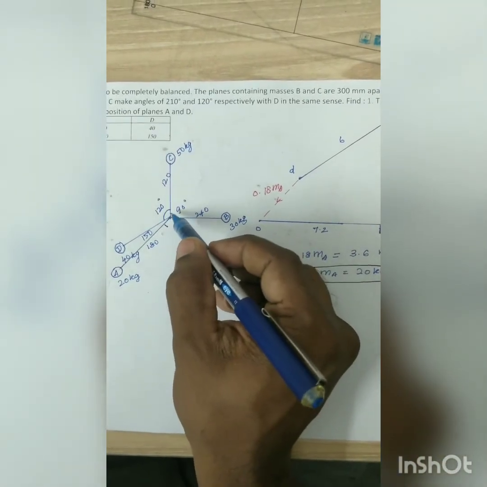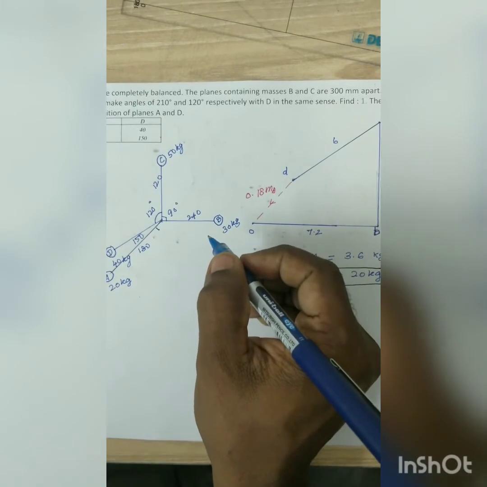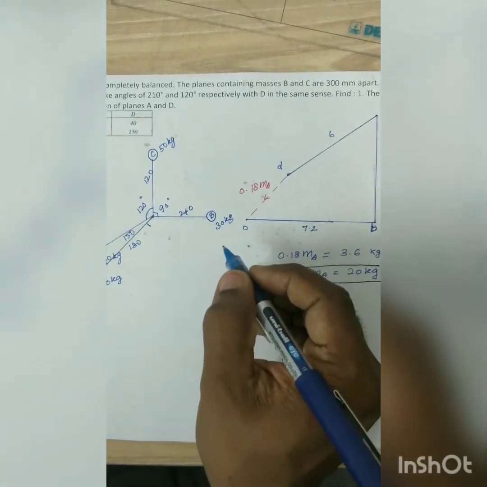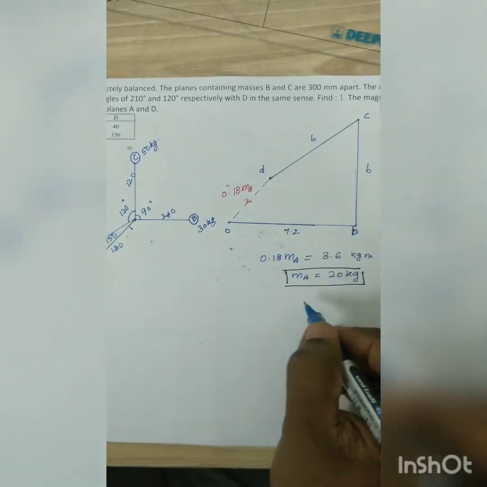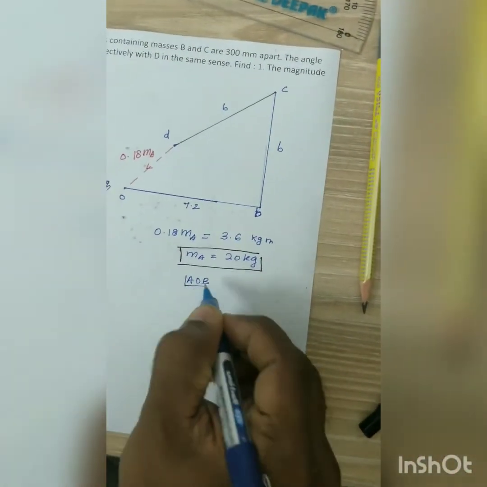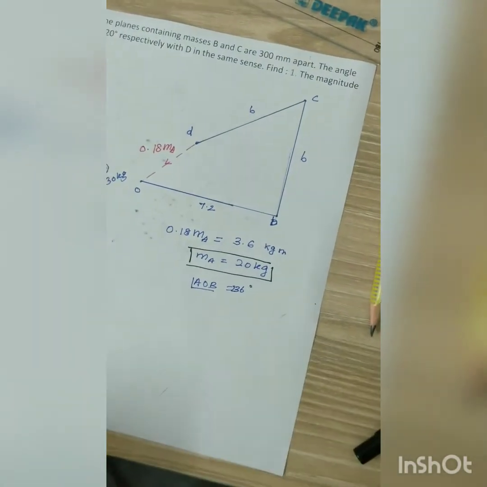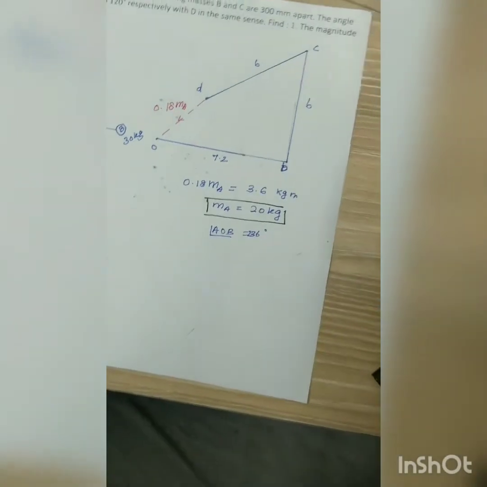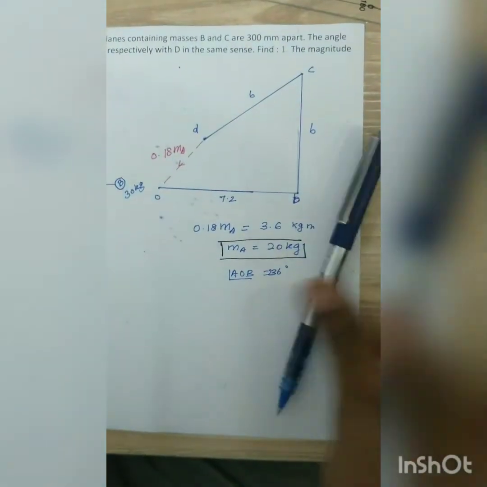If you add 90, 20 and this one, it is coming to be 236 degrees. So AOB is equal to 236 degrees. Now we have to draw the couple polygon. This is a force polygon. We complete drawing the force polygon.